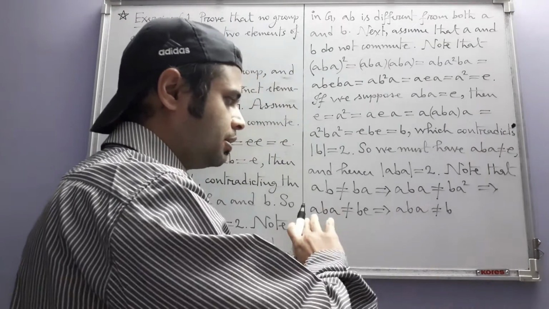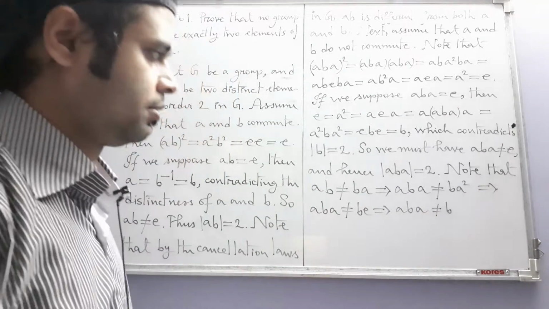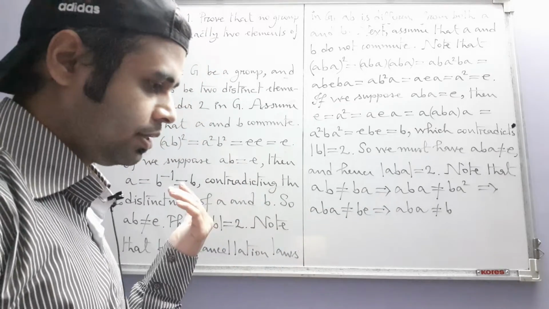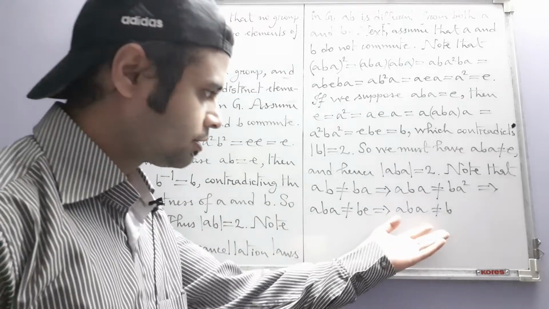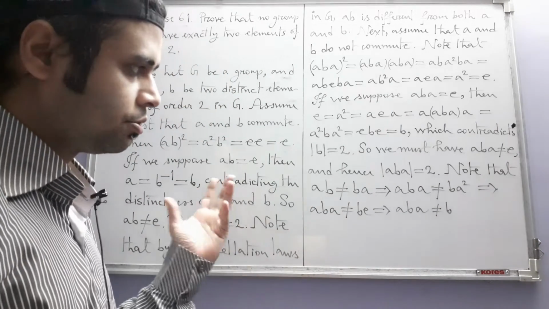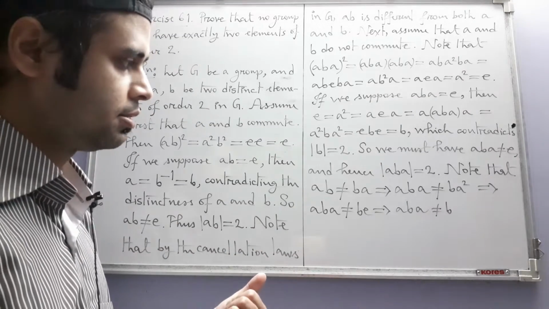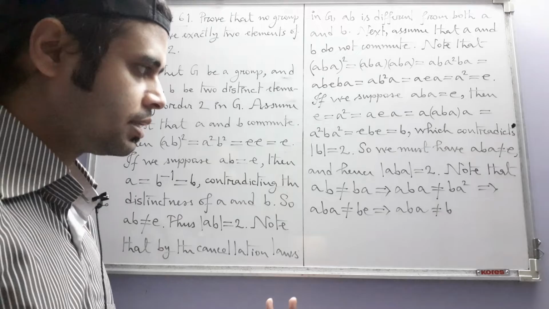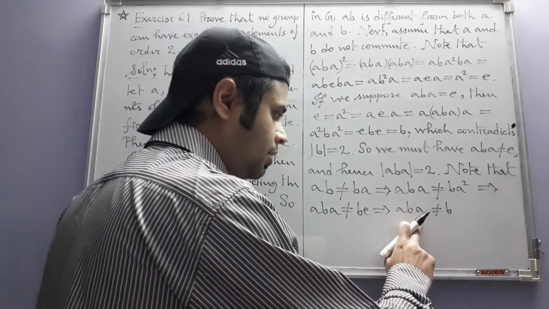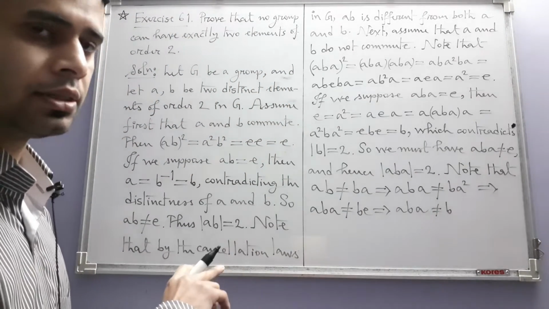Note that that way of showing things is equivalent to this way of showing, because there also you will have a sequence of implications. Here also you have a sequence of implications, and if you look carefully, those two sequences are equivalent because each implication has a corresponding contrapositive in the other sequence.